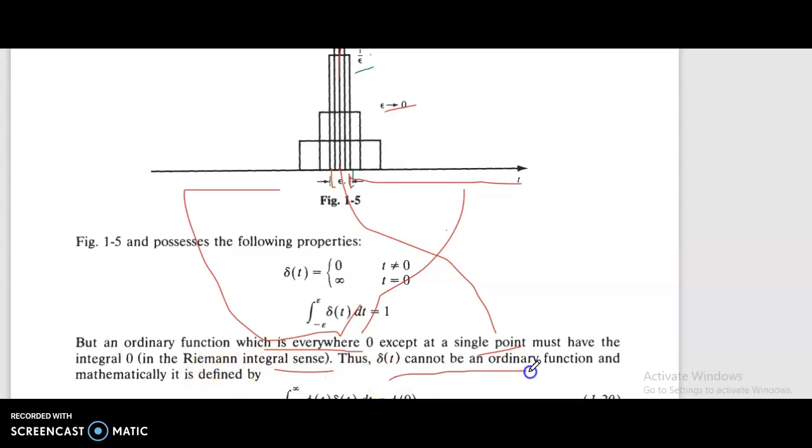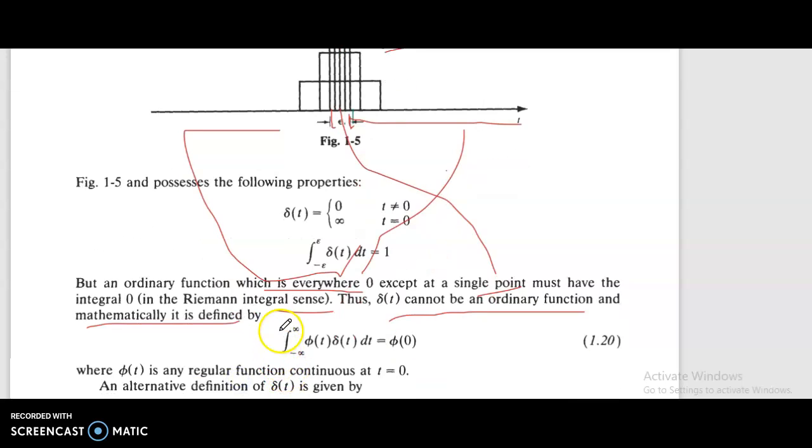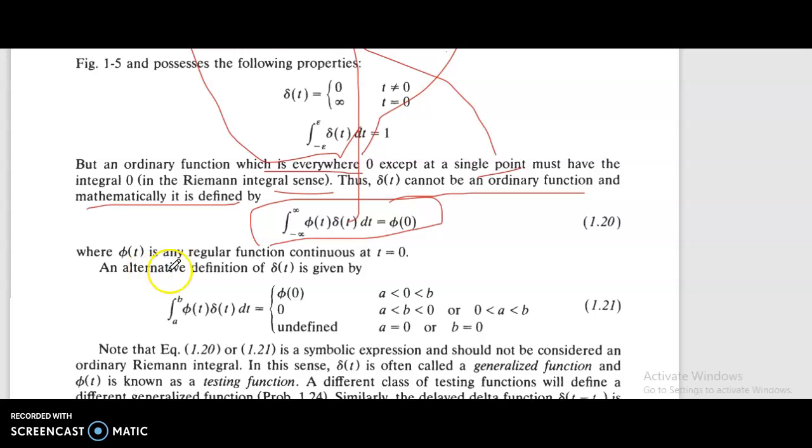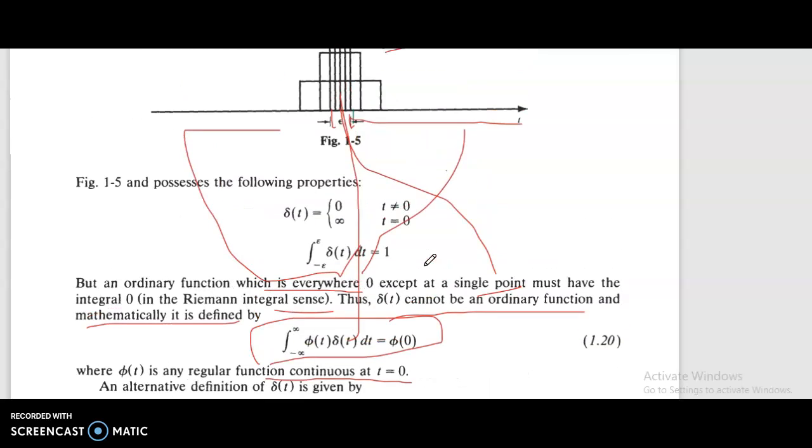Thus delta of t is not an ordinary function, and mathematically it is defined by the integral from minus infinity to plus infinity of phi of t delta of t dt equal to phi of 0. Phi of t is any regular function continuous at t equal to 0.